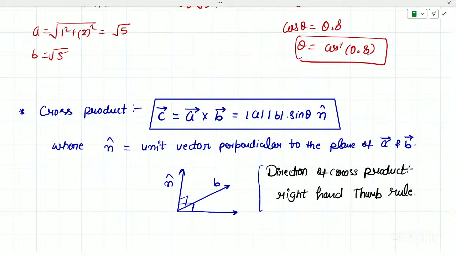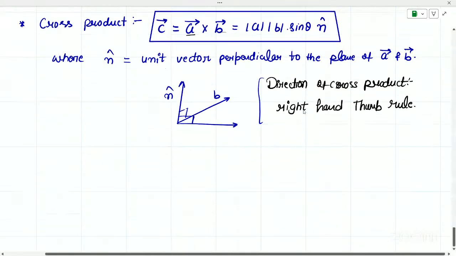Just place your fingers in the direction of the first vector, like that, with your palm facing the next vector. Curl your fingers and whatever the direction of your thumb, this is the direction of this vector C.